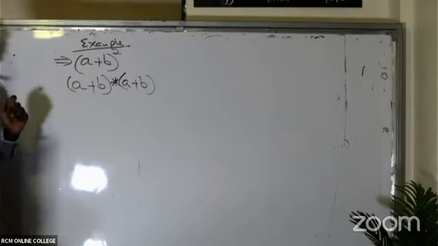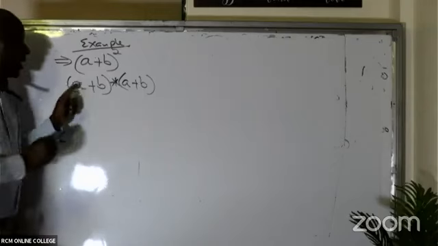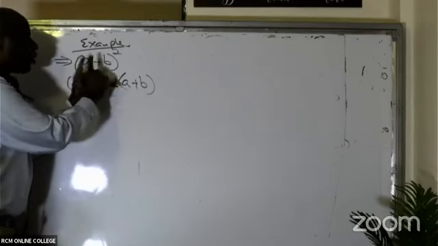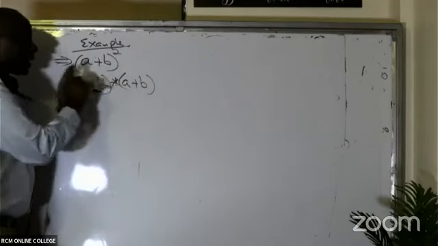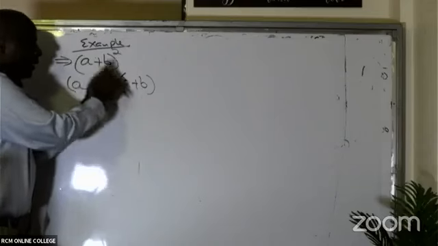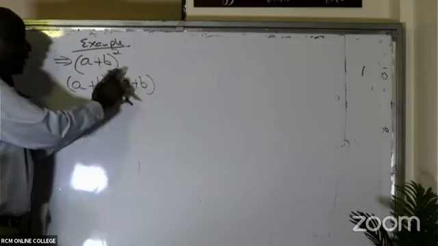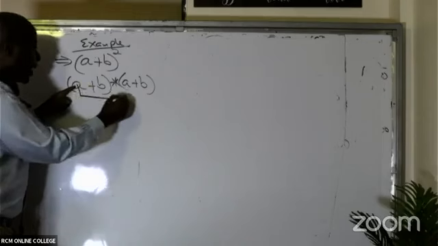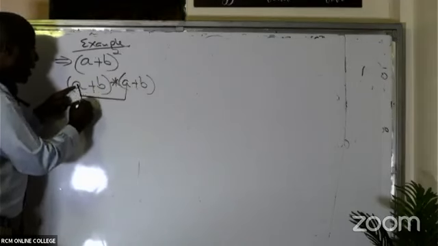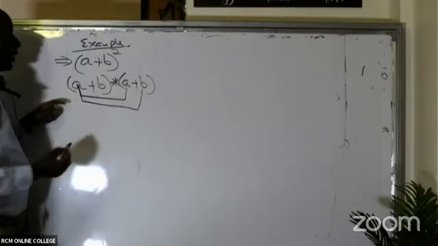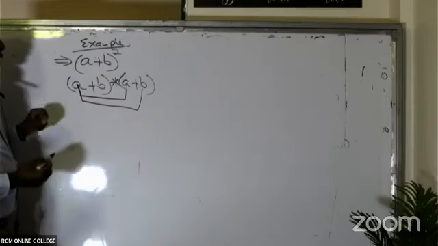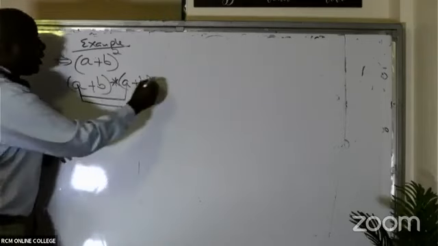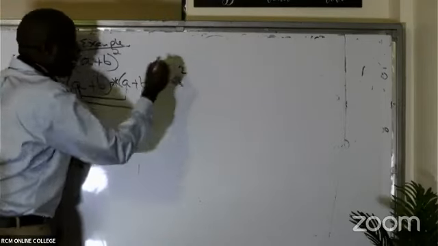So this a is going to multiply each member inside this bracket. You multiply a with a, and then you multiply this a with this b. So a with a gives a squared.